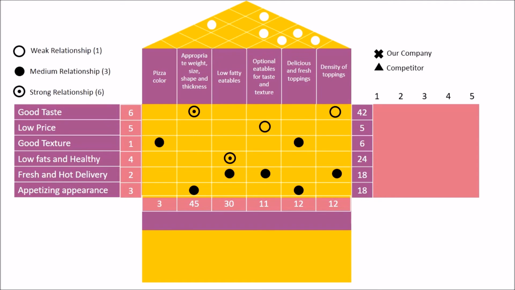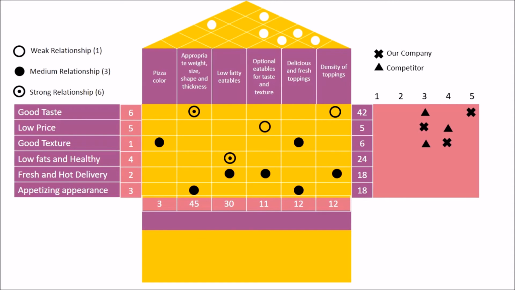In terms of the customer requirement of good taste, we stand at 5 and our competitor stands at 3. For low price, we stand at 3 and our competitor stands at 4. In case of good texture, we stand at 4 and our competitor stands at 3.